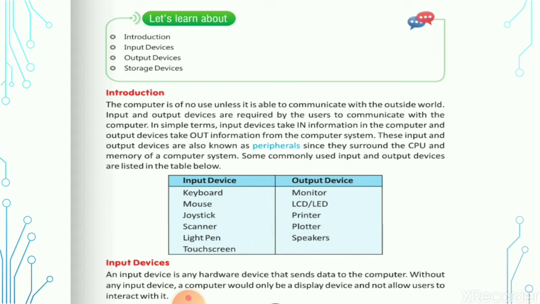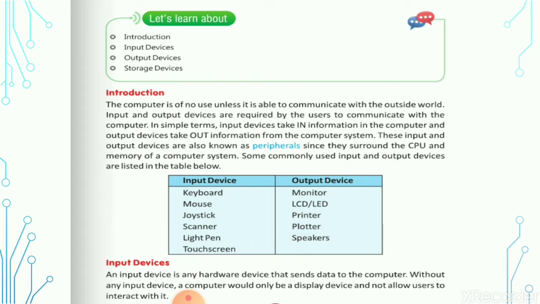The computer is of no use unless it is able to communicate with the outside world. Input and output devices are required by the users to communicate with the computer. In simple terms, input devices take in information in the computer and output devices take out information from the computer system.